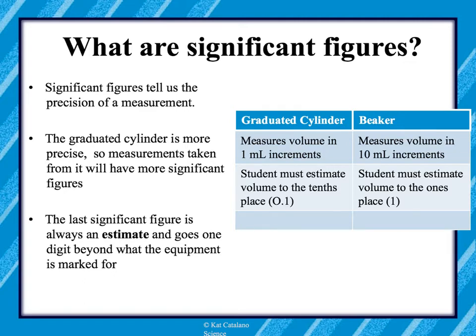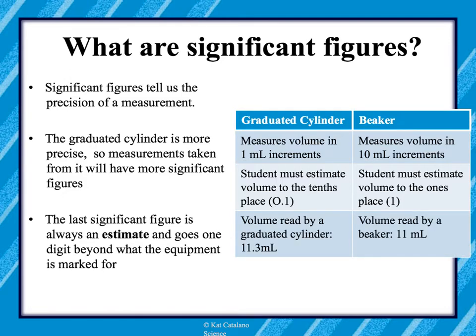So for example, with the graduated cylinder that can measure in 1 milliliter increments, your answer should be to the 10th place, because you're going to estimate one spot beyond what the graduated cylinder is capable of measuring for sure. In comparison with the beaker, you're going to estimate to the ones place, because it can measure in multiples of 10.